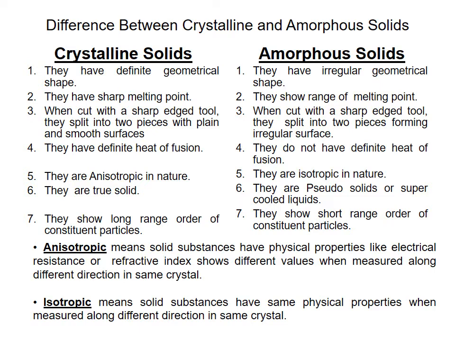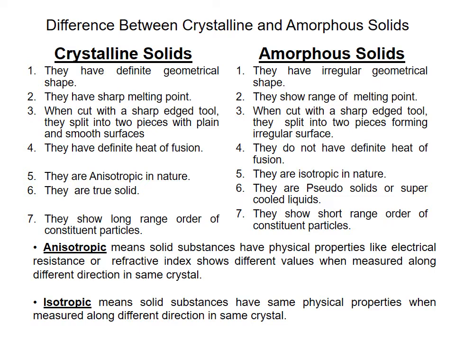That means it starts to melt at 1400 degrees Celsius and gets completely melted at 1600 degrees Celsius. That is the reason why amorphous solids have a range of melting point while crystalline solids have a sharp melting point.